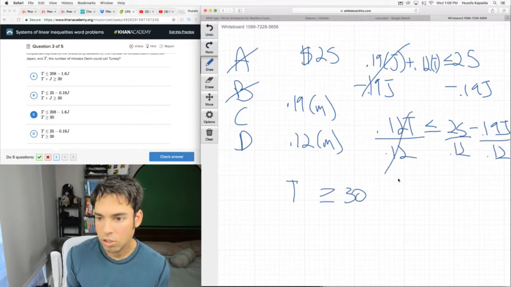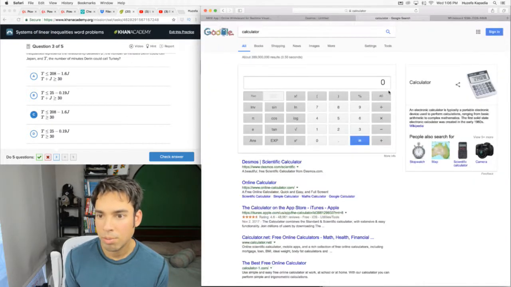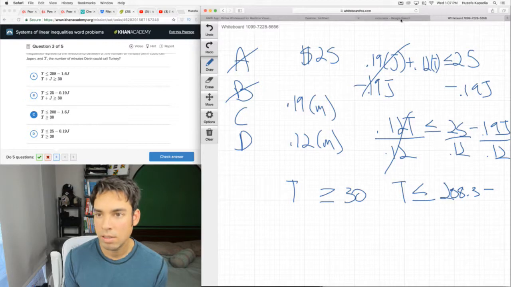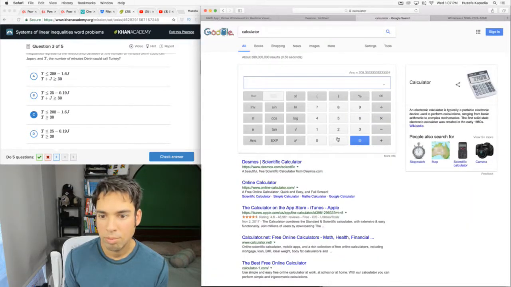So this becomes T is less than or equal to, now let's use a calculator, 25 divided by 0.12. It's 208.3. Did I do that right? Roughly 208. All right, so we'll say 208.3 minus, and then 0.19 divided by 0.12 equals, rounded, 1.6.